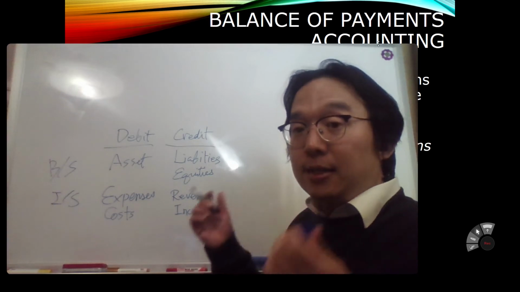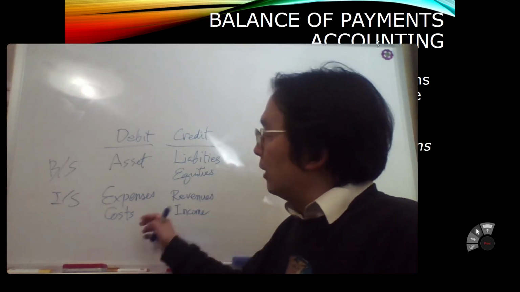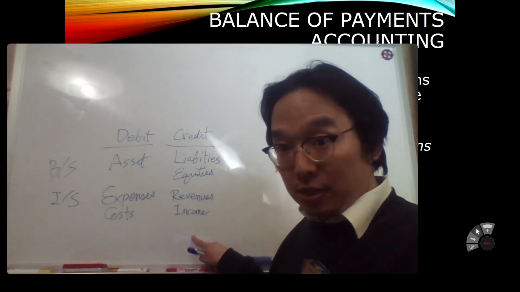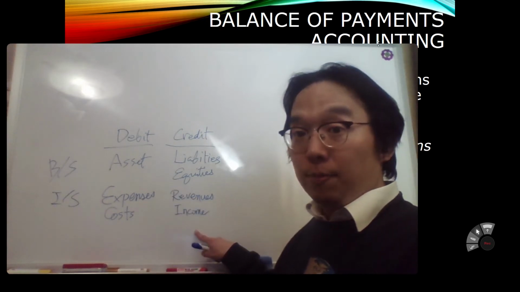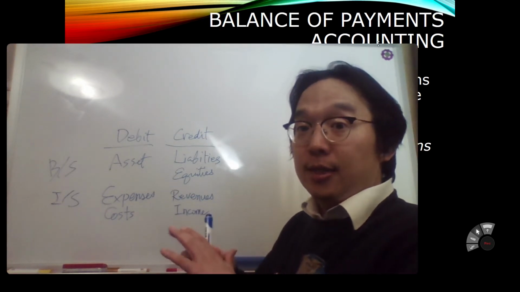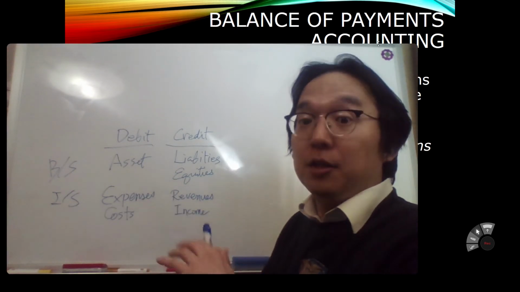The basic idea is like whatever goes out of your pocket and whatever comes into your pocket, okay? Debit out of your pocket, credit into your pocket, okay? That's that. Debited means subtracted, credited means added, okay?